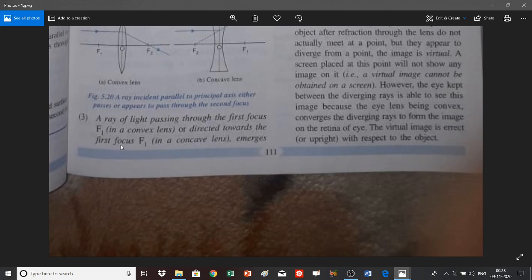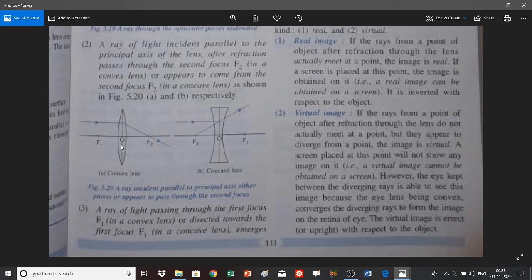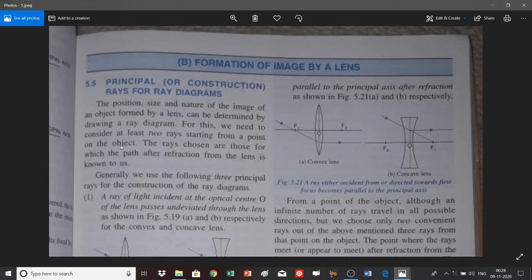Here is number three: a ray of light passing through the first focus f1 in case of a convex lens, or directed towards the first focus f1 in case of a concave lens, emerges parallel to the principal axis. That means here is the principal focus point 1, and this is a convex lens.